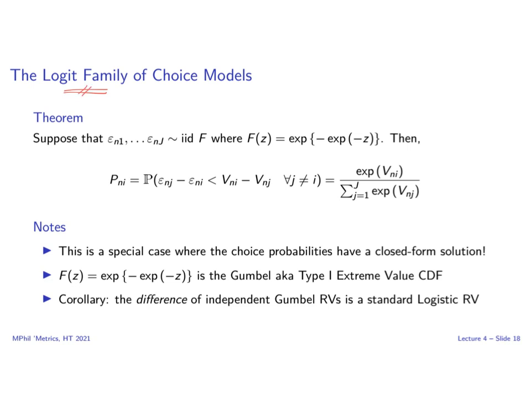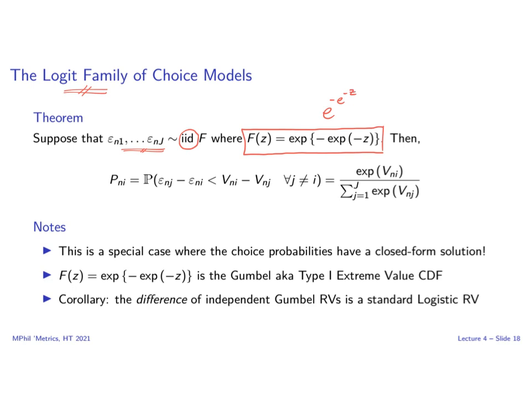The Logit family of random utility models is constructed by assuming that the errors are independent draws from a distribution with cumulative distribution function F of z equal to e to the minus e to the minus z.